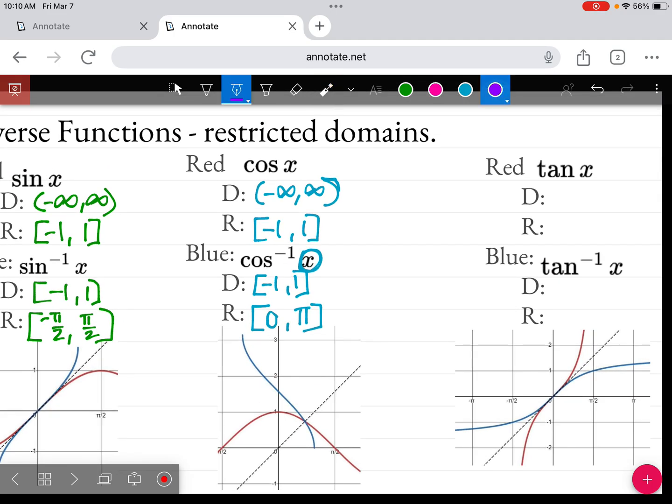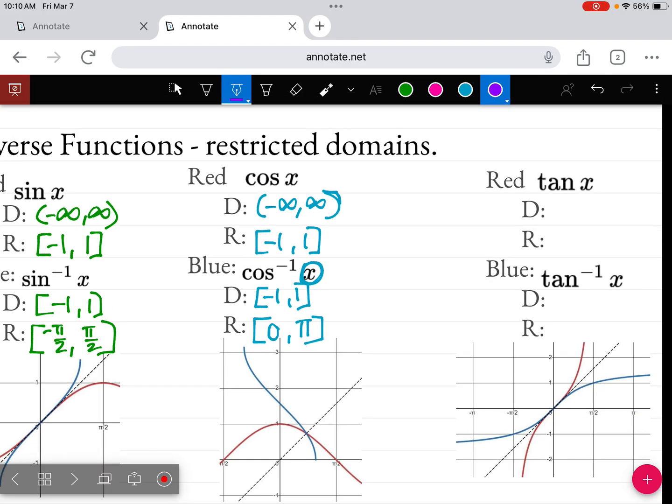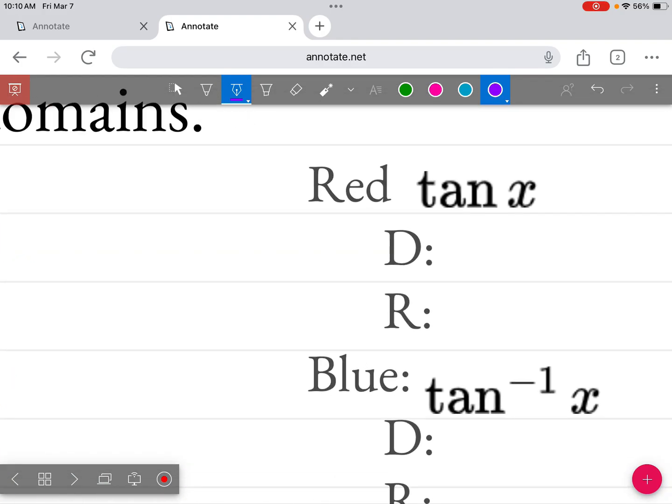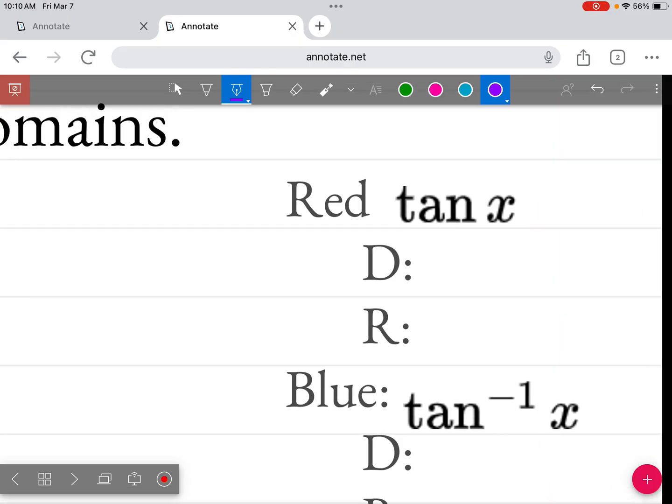Then tangent's a little bit weird because tangent's domain is weird. What is the domain of tangent, do you remember? Definitely a part of it is that's where our asymptotes are, right?